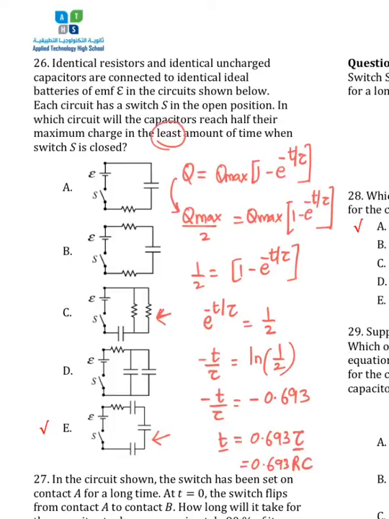So the option is E, because it has got 3 capacitors. In part C we have got 2 resistors, and in part E we have got 3 capacitors, so it should be E.